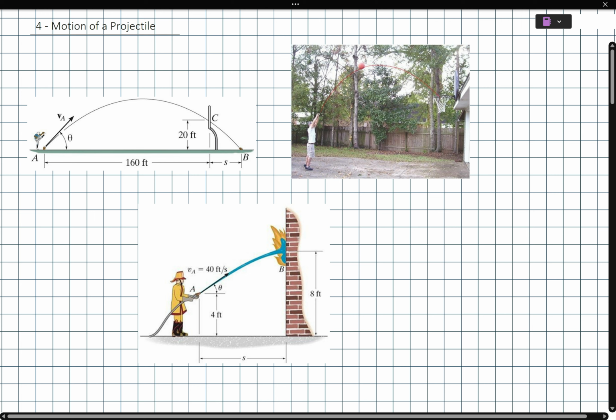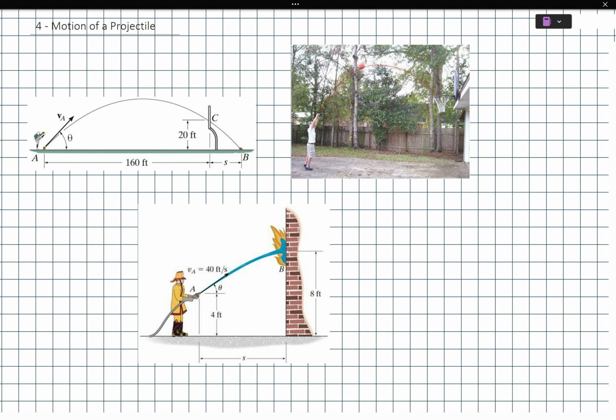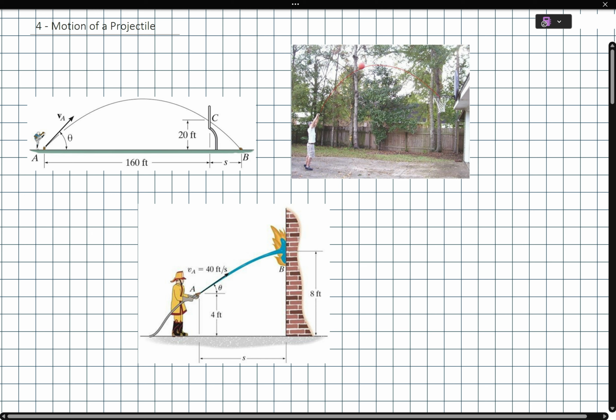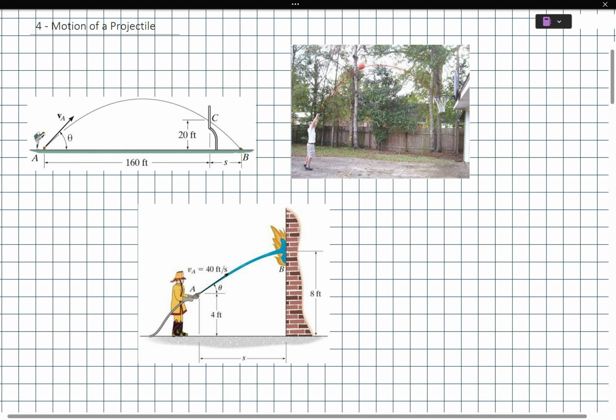If you take a look at the diagram top left, the description is that we have this kicker. A good kicker instinctively knows at what angle, we'll call the angle theta, and initial velocity v sub a, that he has to kick the ball to make this field goal in football.